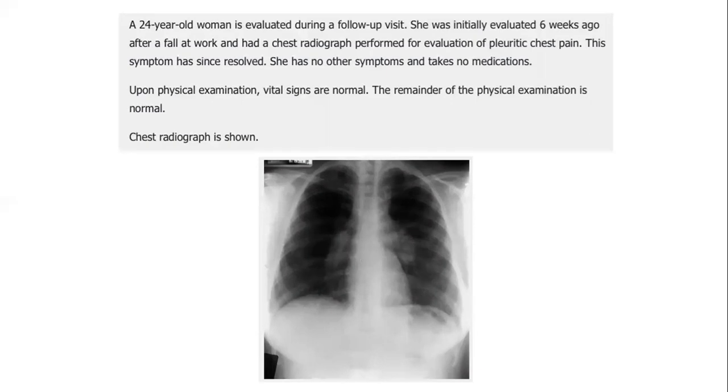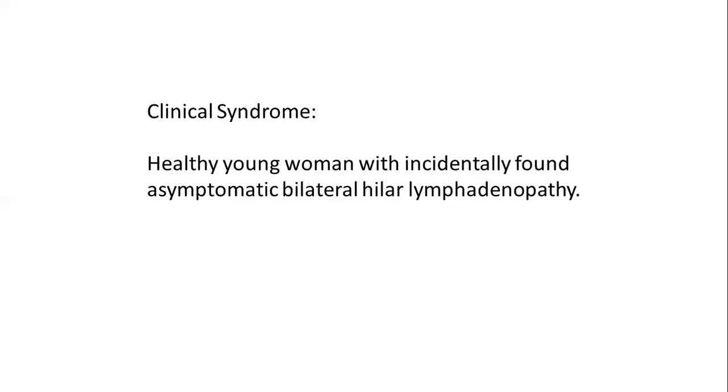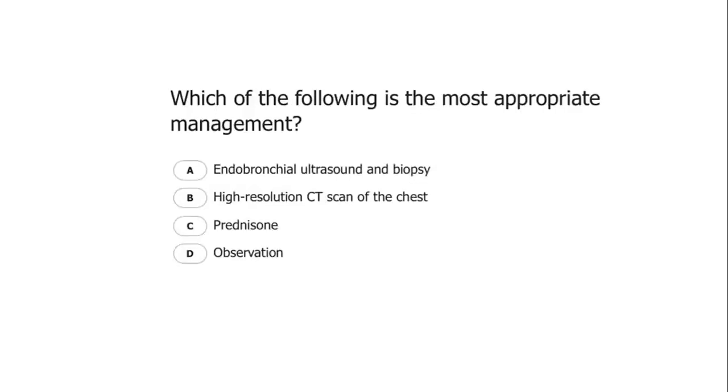Excellent, Tanner. Great observation. So this is a healthy young woman with... oh no, it's not just an image. Okay, healthy young woman, incidentally found asymptomatic bilateral hilar adenopathy, right? So what is the most appropriate management?